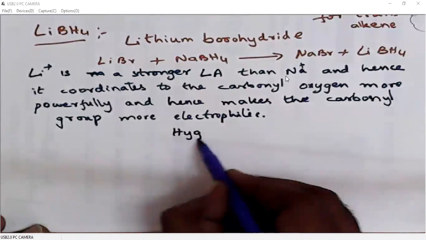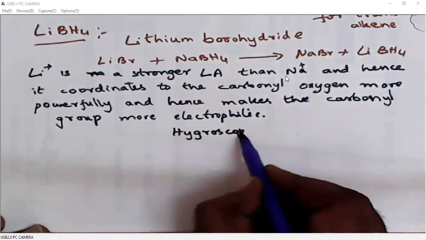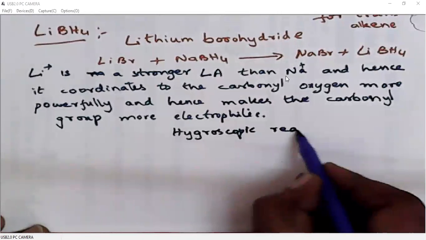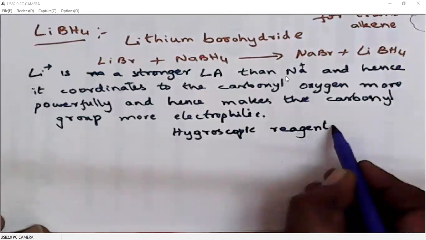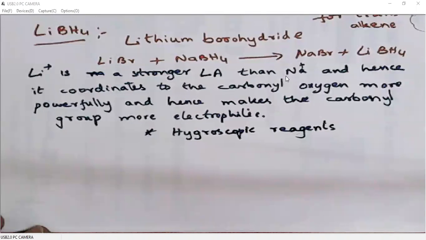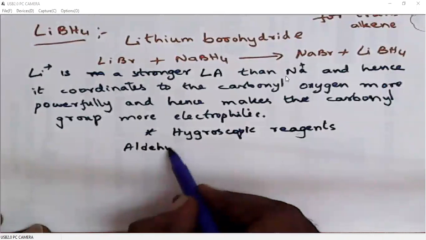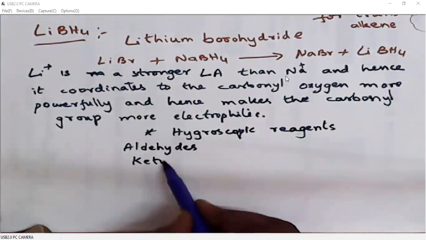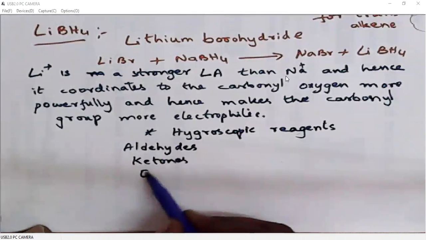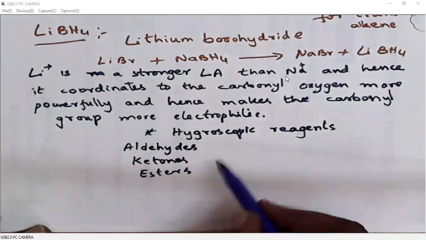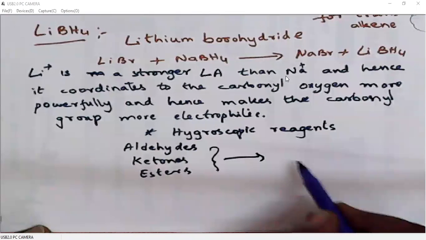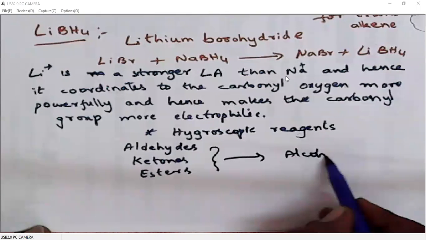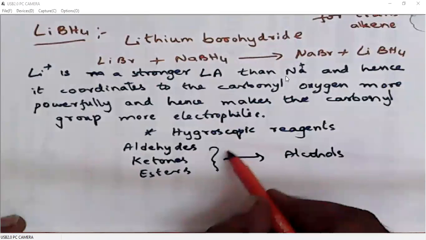Of course, again it is a hygroscopic material. All borohydride reagents are hygroscopic in nature. Because its reactivity is increased, we can now easily reduce aldehydes, ketones, and esters to alcohols with lithium borohydride.